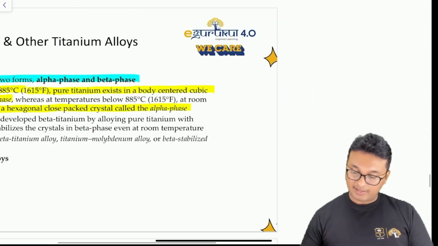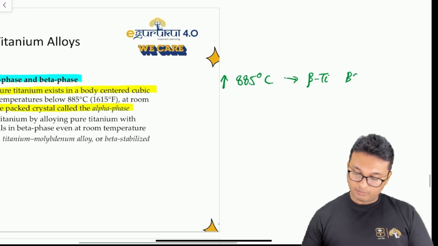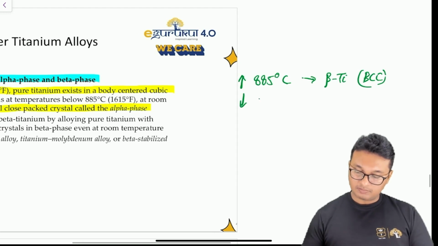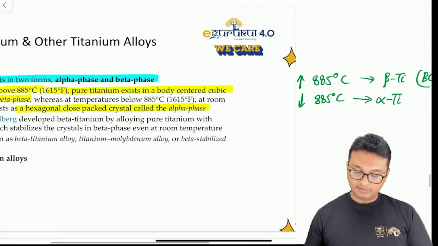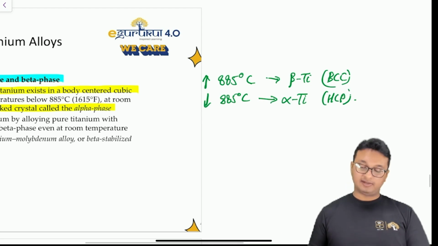That means at temperatures above 885 degrees Celsius, it exists as a beta titanium phase, which is a body-centered cubic structure, and at temperatures below 885 degrees Celsius or even at room temperature, it exists as alpha titanium phase, which has a hexagonal close-packed crystal lattice.